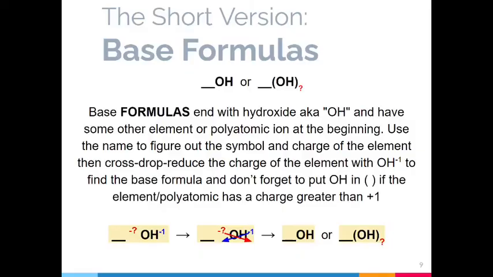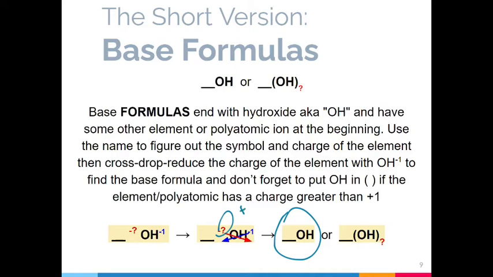And our base formulas, at least the simple bases that aren't like ammonia, all end in OH. So kind of like with the acids, we're just trying to figure out what's the thing before the OH, what is its charge, and then we're going to cross-drop reduce that charge onto the OH. So you can see here we're going to form either a simple something OH if that something's charge is a +1, then that's all we got to do is stick it with an OH.